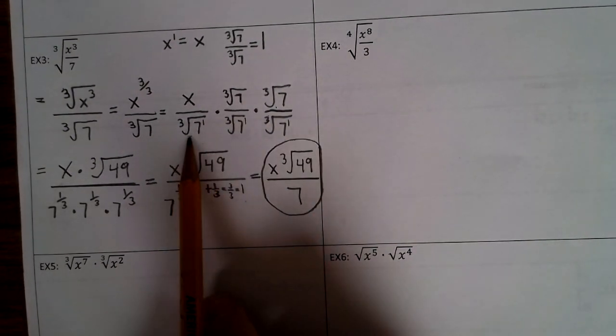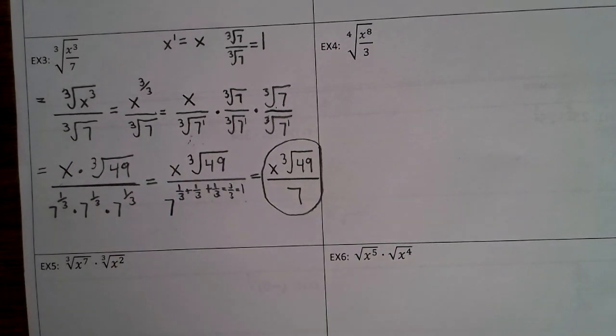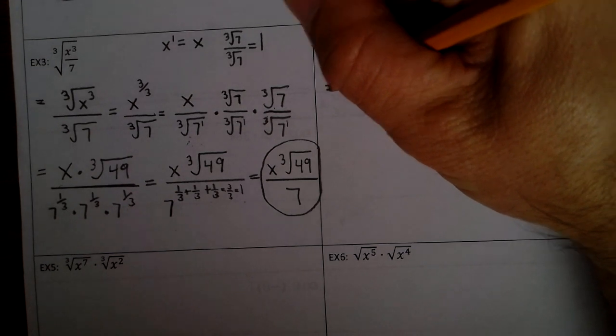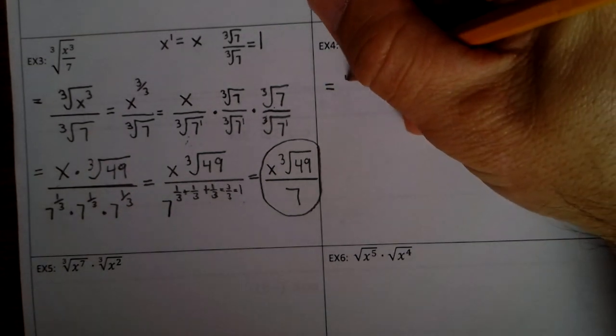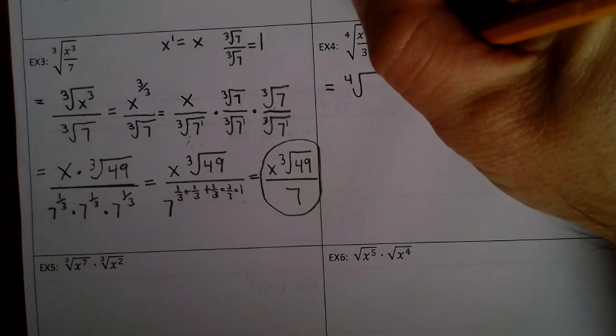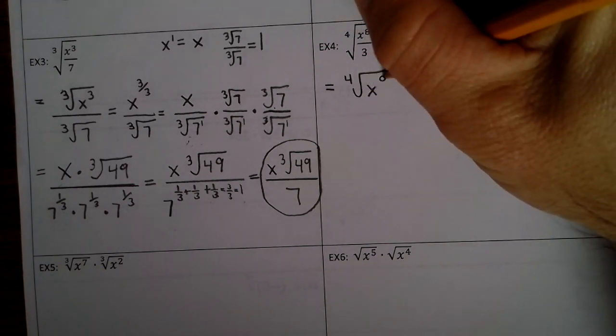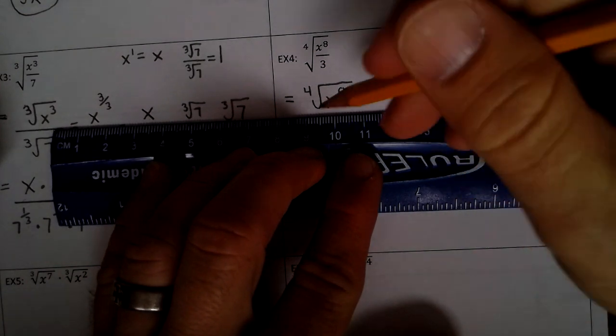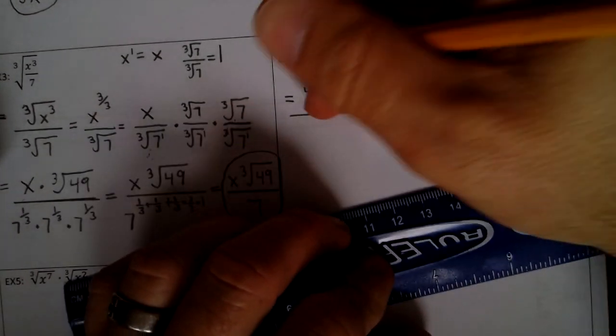All right, example 4. So this would be the 4th root of x to the 8th divided by the 4th root of 3.